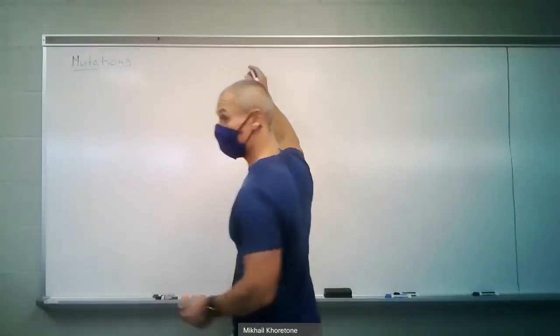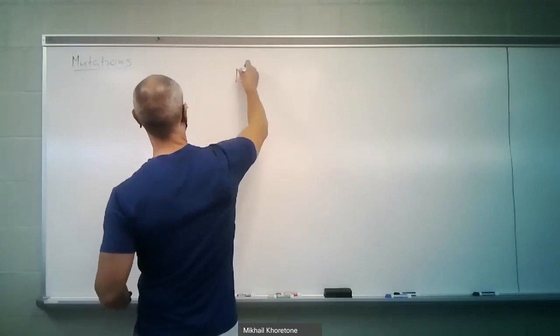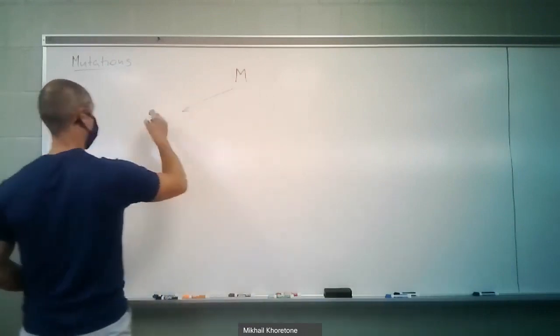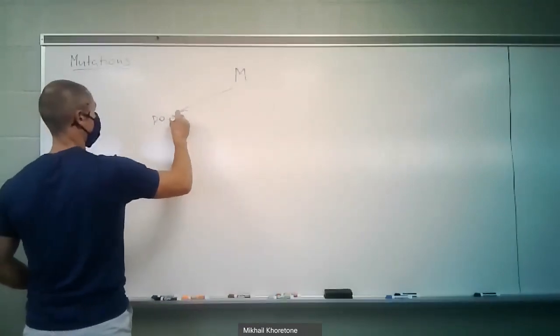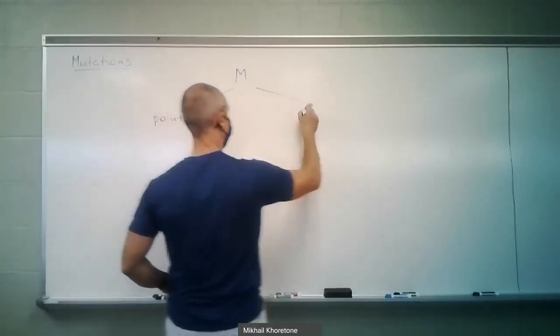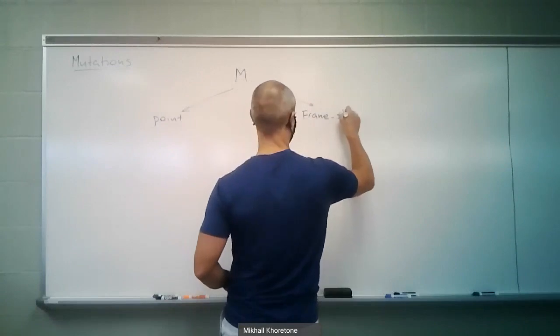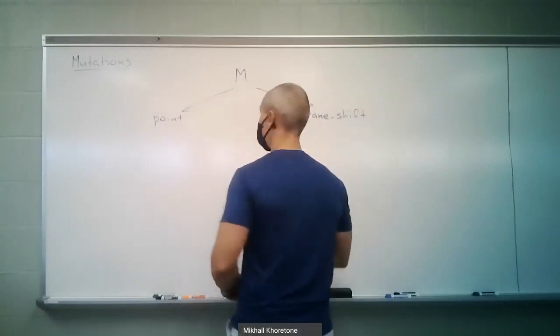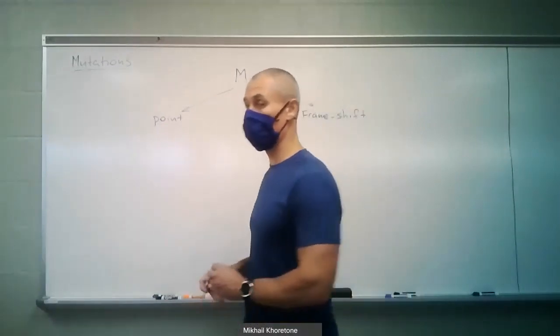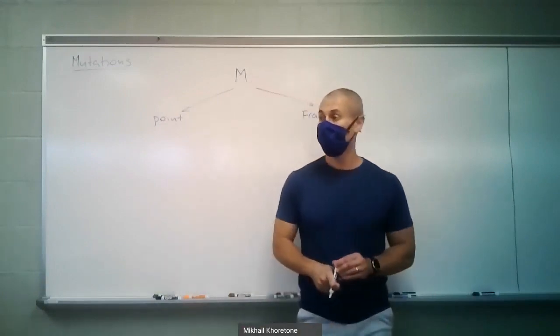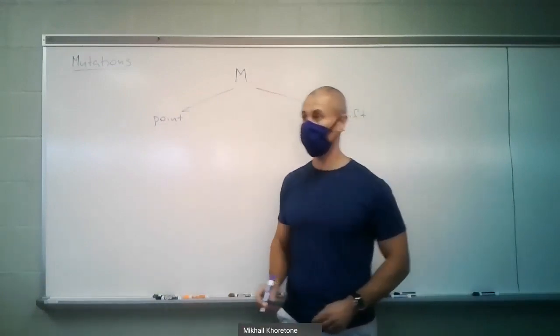So mutations can be divided into two large groups: point mutations and frame shift mutations. So let's talk about point mutations first. In point mutations, one nucleotide is replaced by another.